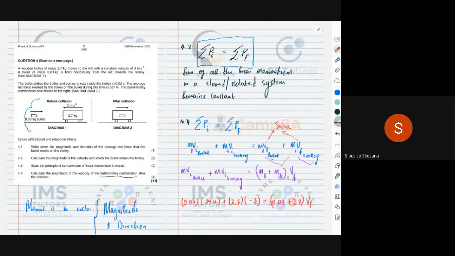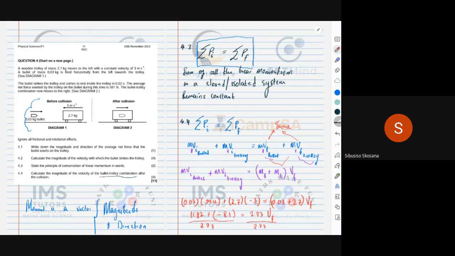Then we punch it into the calculator: 394 times 0.03 gives 11.82, plus 2.7 times minus 3, which is minus 8.1, equals 2.73 v f. Then we divide both sides by 2.73.